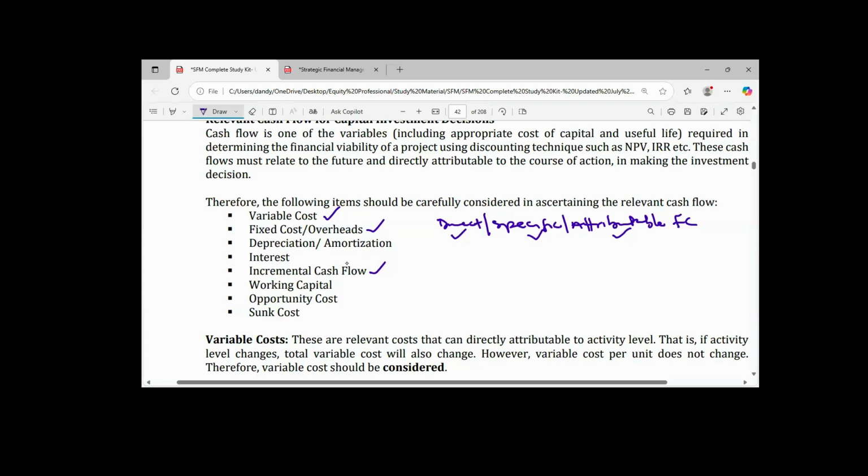Okay, let's talk about depreciation, amortization, or provision.